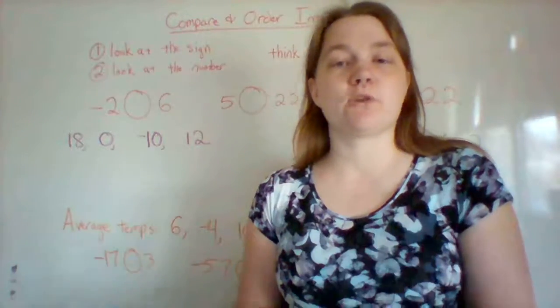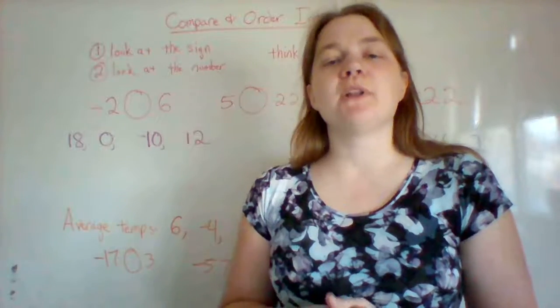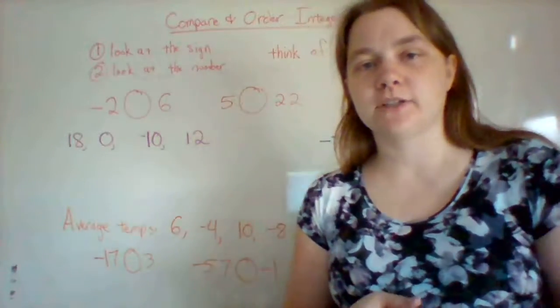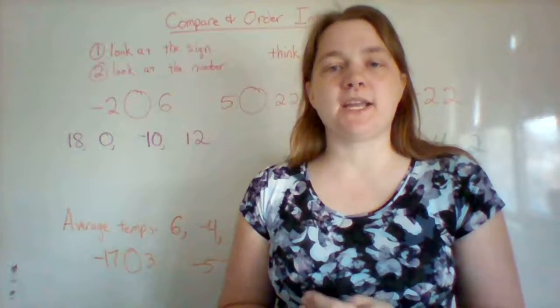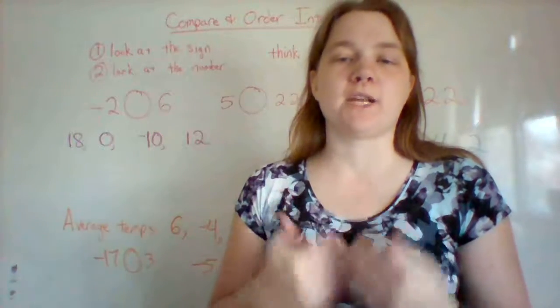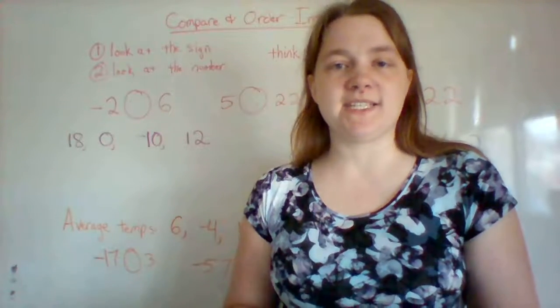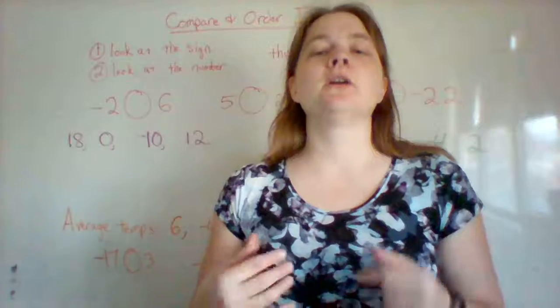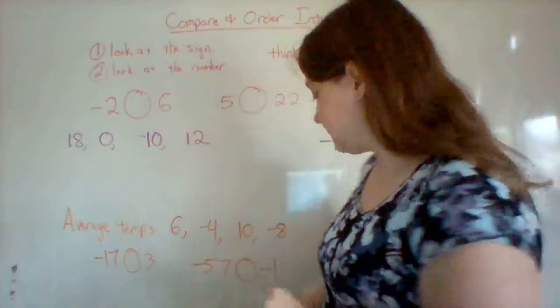Well, 57 is more than 48, so that's awesome. But if you have negative $57 or negative $48, you'd rather have negative $48 because you'd rather owe me $48 than owe me $57.